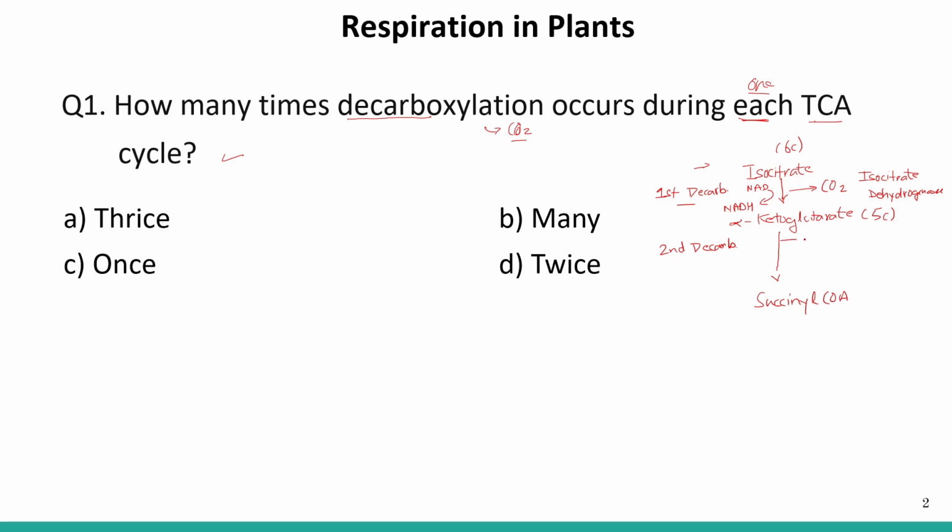Okay, here also there is a release of carbon dioxide. Okay, and again what is happening? NAD is being converted into NADH. Alright, this reaction is catalyzed by the enzyme alpha ketoglutarate dehydrogenase.